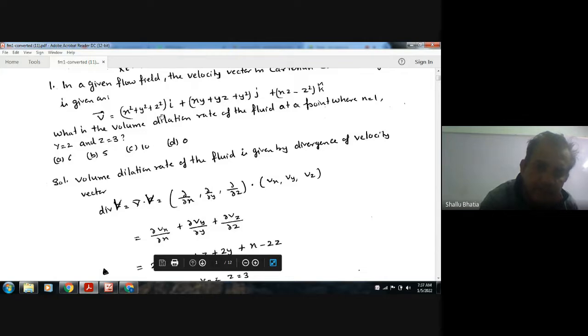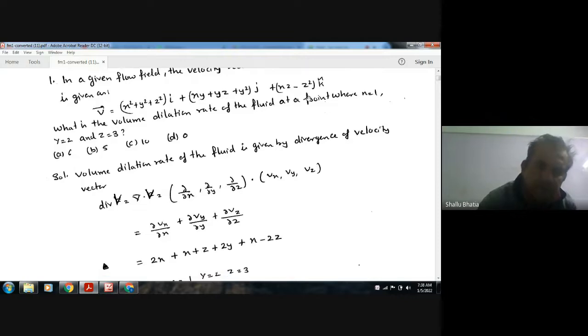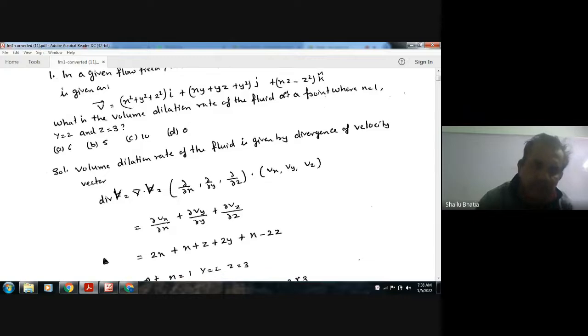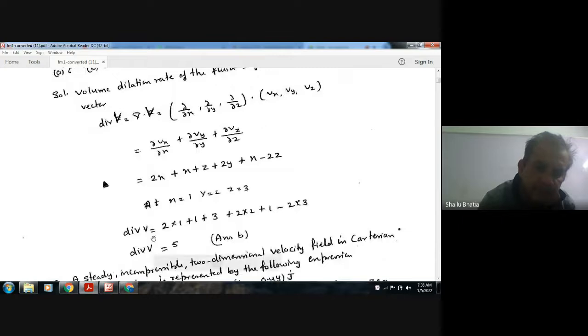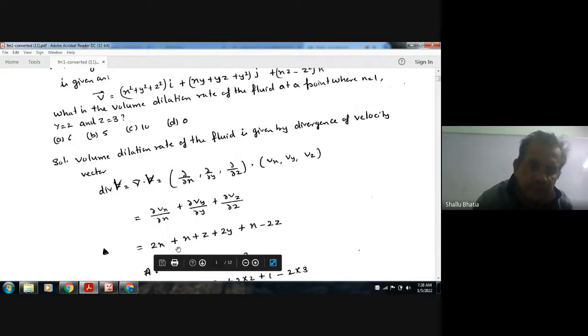Vx is this, vy is this, and vz is this. So differentiating it with respect to x will be 2x, and this with respect to y will be x plus z, and this with respect to z is x minus 2z. Now putting the value x is equal to 1, y is equal to 2, z is equal to 3, then dilation or divergence is 5. Answer is your B.